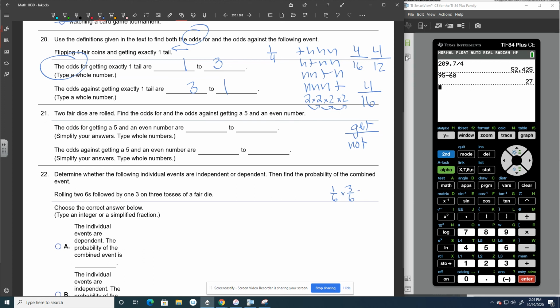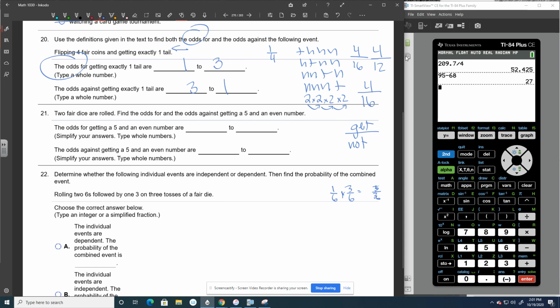So that means I have a 3 out of 36 chance of getting both, right? Because we're talking about ands. Find the odds for and the odds against getting a 5 and an even number.